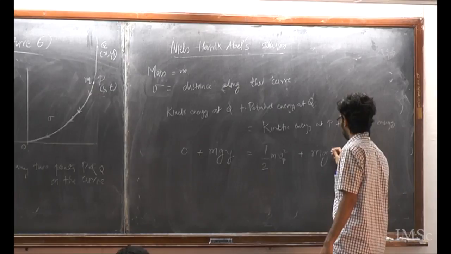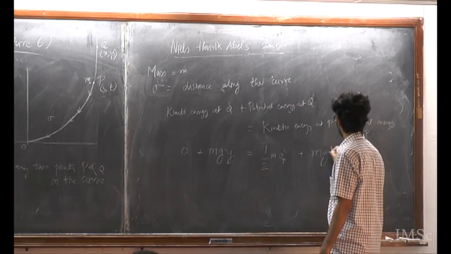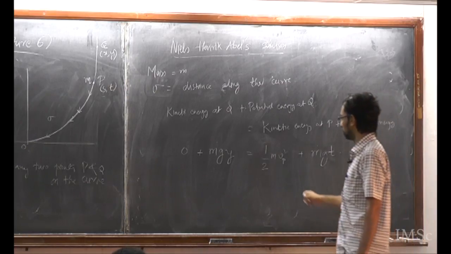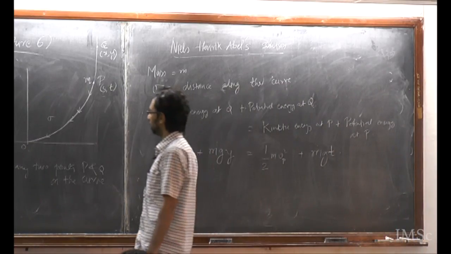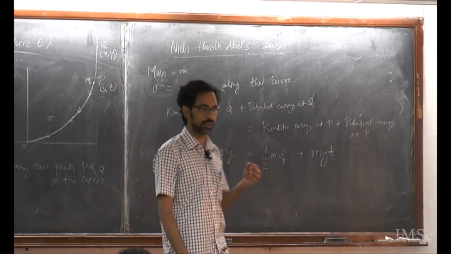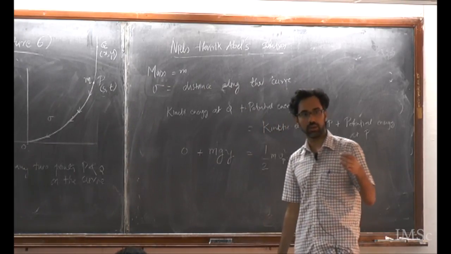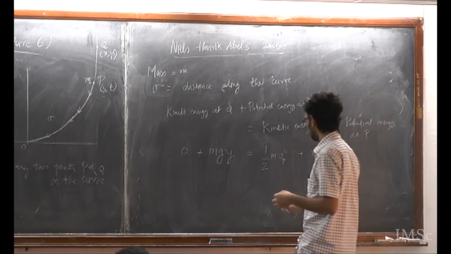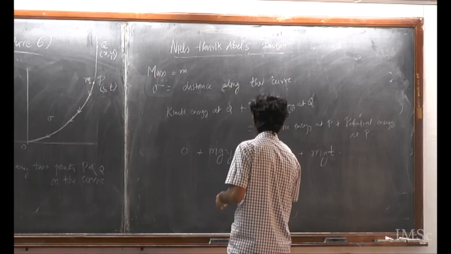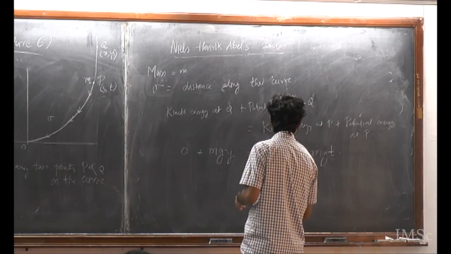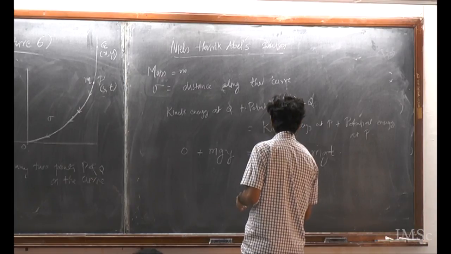Now, what is V P? V P is the derivative of the arc length.